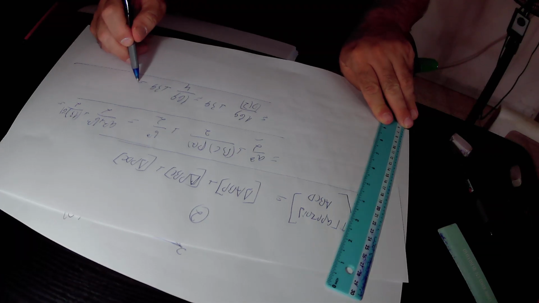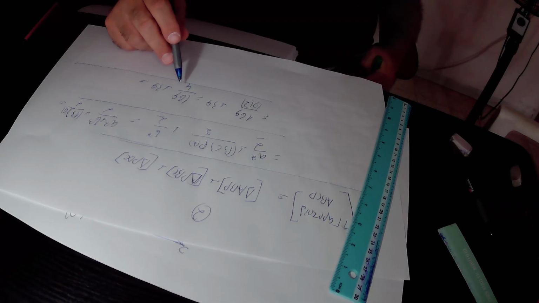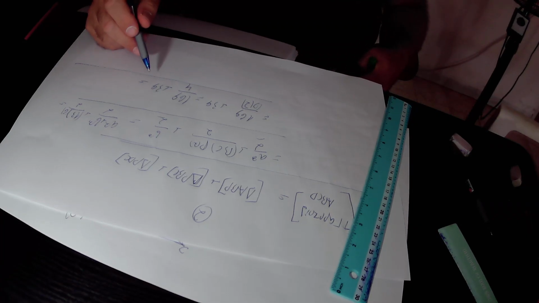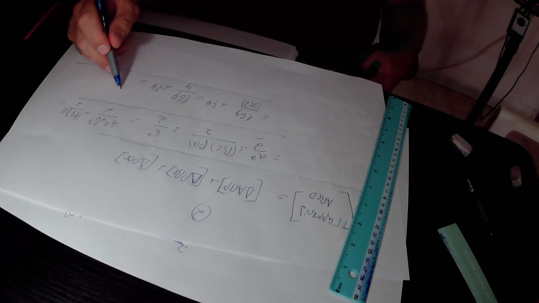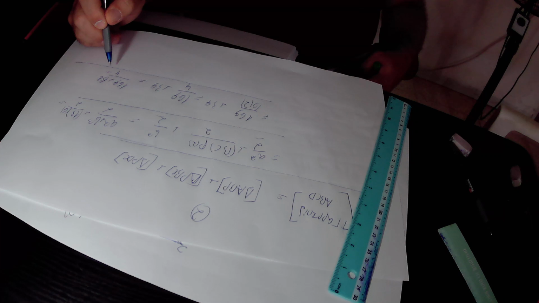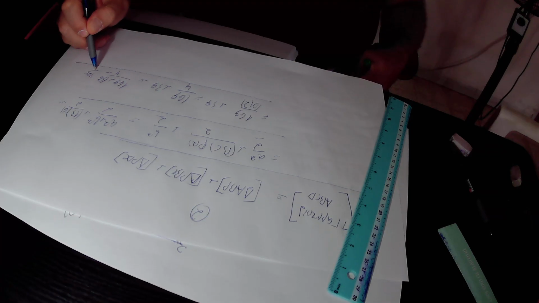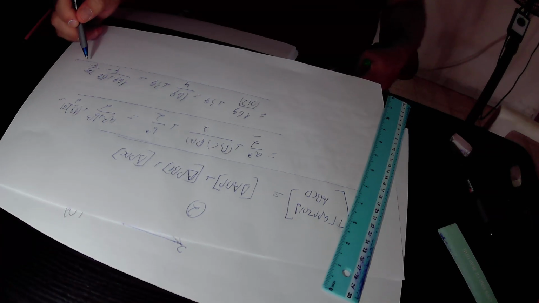Here we multiply 39 by 4 and divide it by 4 in order to have a common denominator. So in the numerator, we have 169 plus 39 times 4, which is 156, divided by 4. 156 plus 169 is 325, divided by 4. 325 over 4 is 81.25 square units.